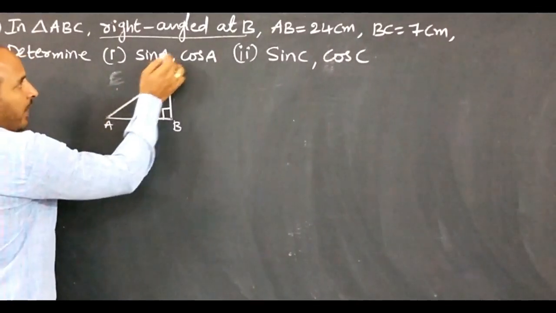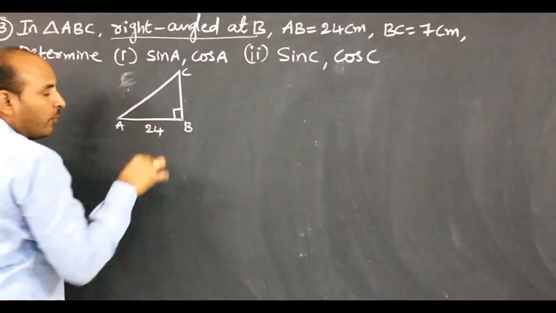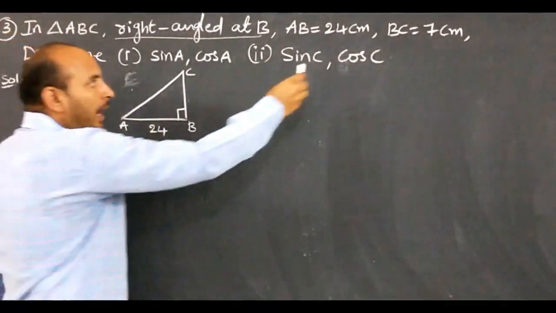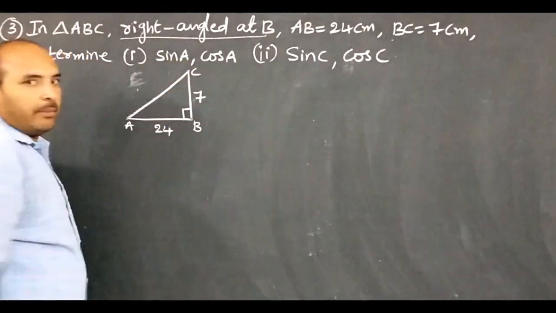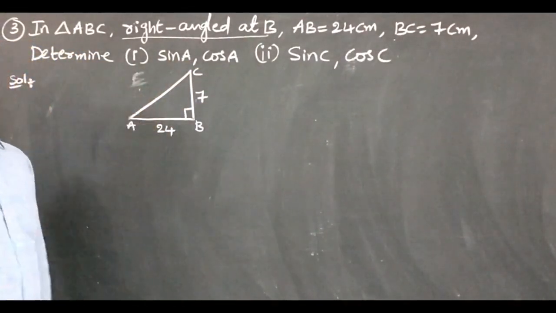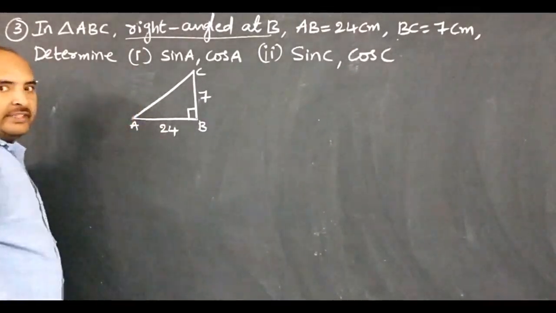AB is equal to 24 centimeters, AB side 24, and BC is equal to 7 centimeters. But we don't know the AC side. We have to find out the AC side.